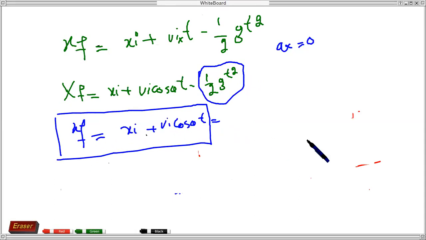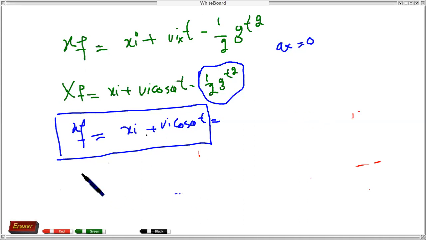By this, sir, we find the position of the projectile object. Yes, the horizontal motion of a projectile body when time and angle are given. Then the same equation for vertical motion.